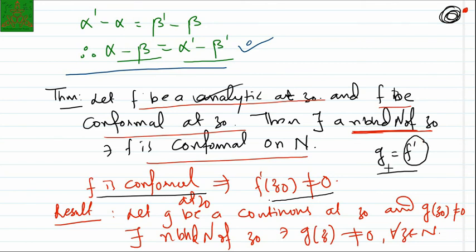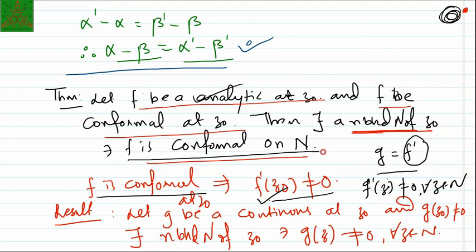So we can say that f dash is continuous and it is non-zero due to its conformality at the point z0, and that's why there exists some neighborhood of z0 such that f dash of z is non-zero for every z in that neighborhood, and hence we can say that f is conformal on N.